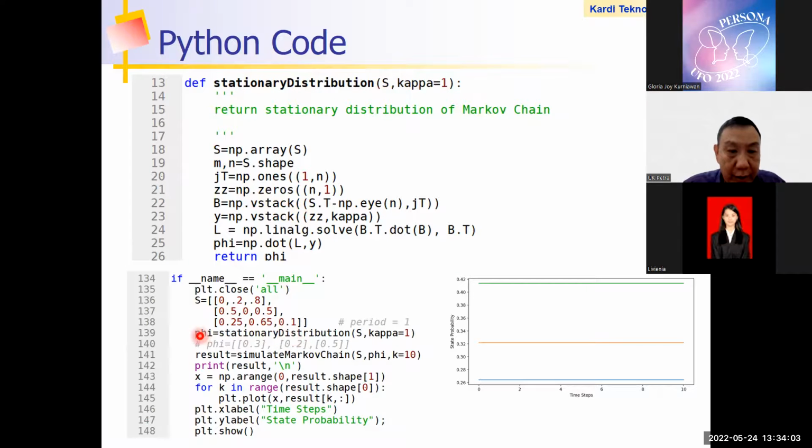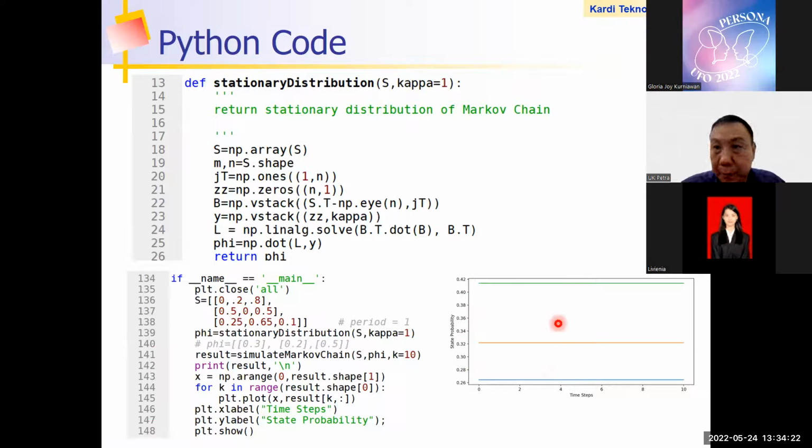And then exactly the same as before. The difference is now the pi in here. I get it not from the input, but from this computation. From this computation, then you will get exactly a straight line.